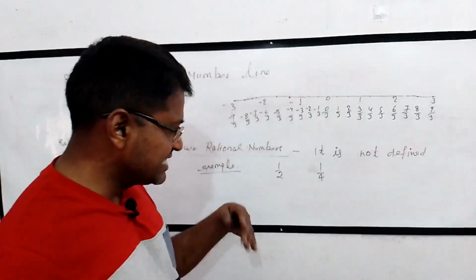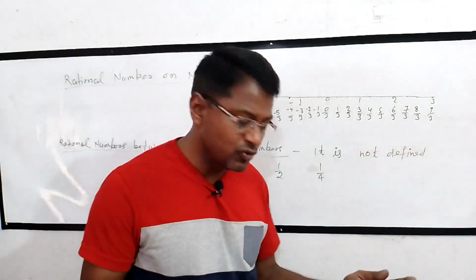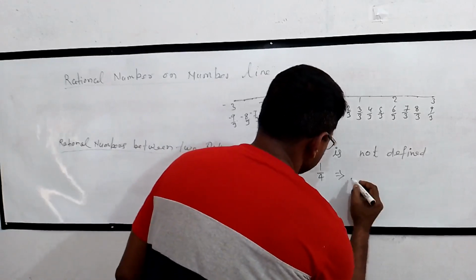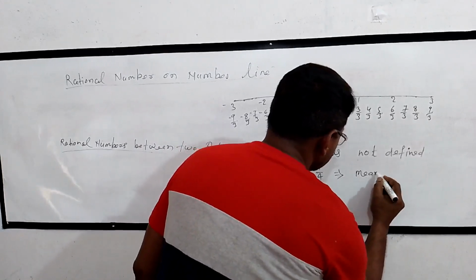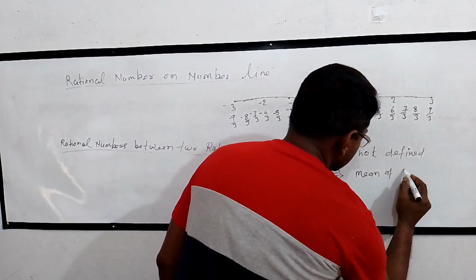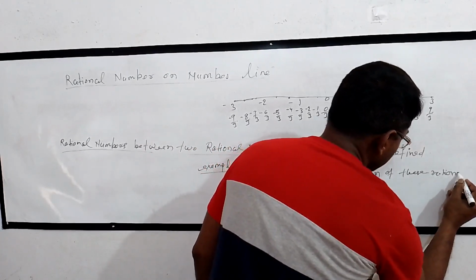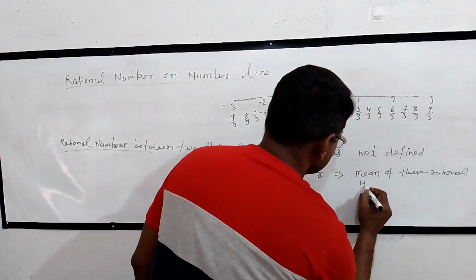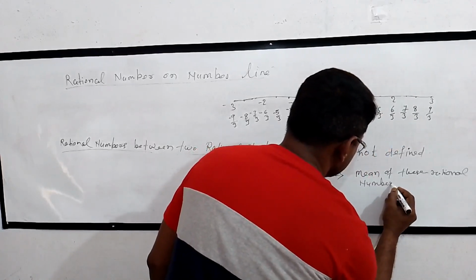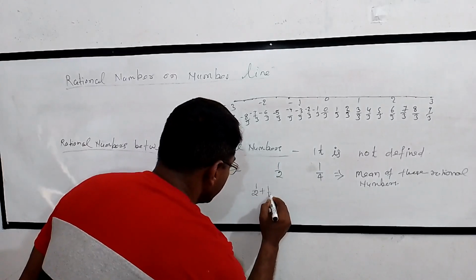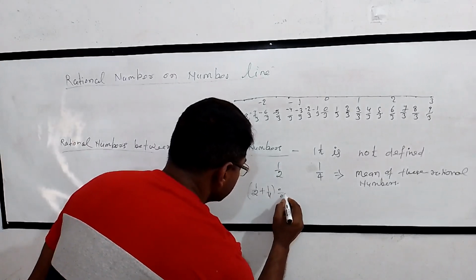So to make the calculation of this, we will simply proceed with the help of the mean procedure. You take the mean of these rational numbers. What will be the mean? 1 by 2 plus 1 by 4 whole divided by 2.